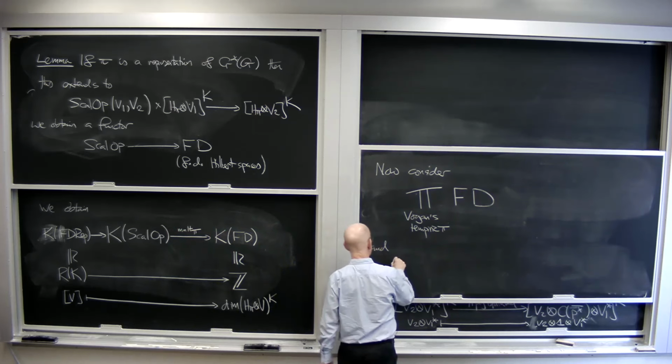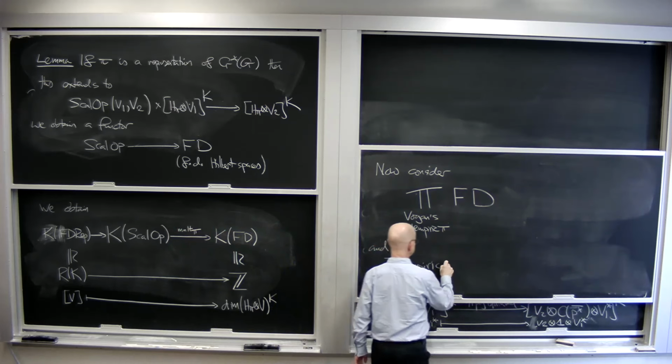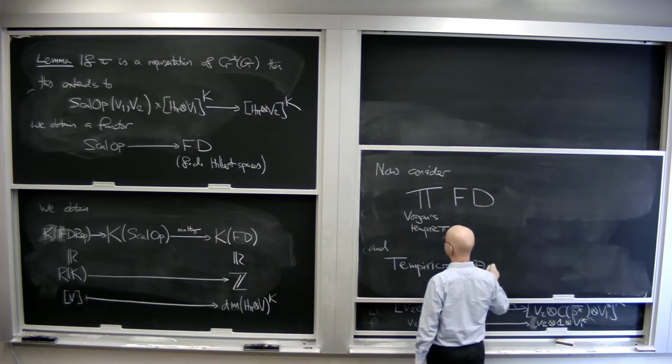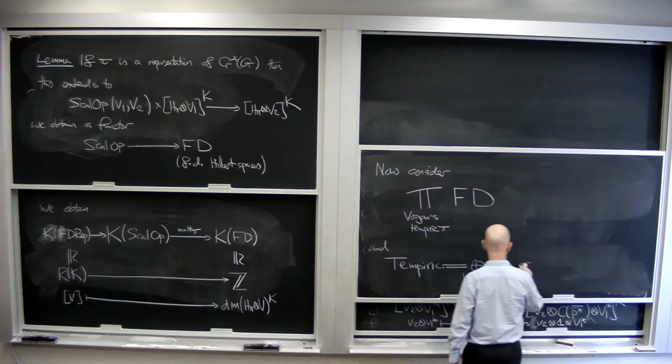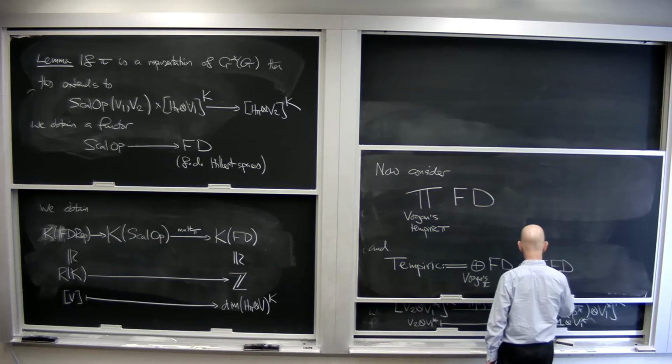And inside of it, let's build the following thing. Maybe we'll call it temperic. It's a category. And it will be the direct sum of the same fellows. Like this.